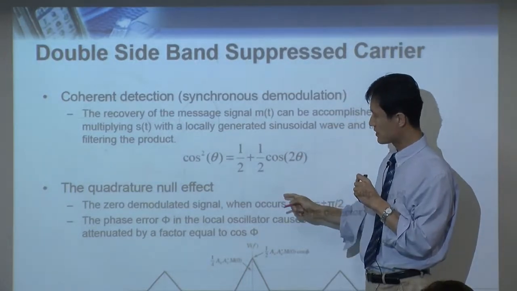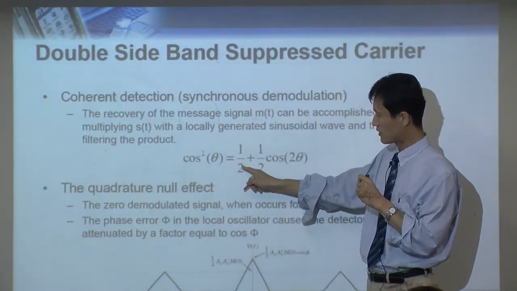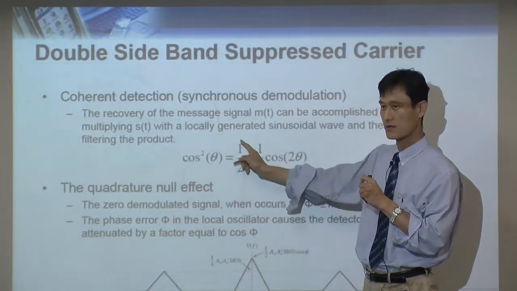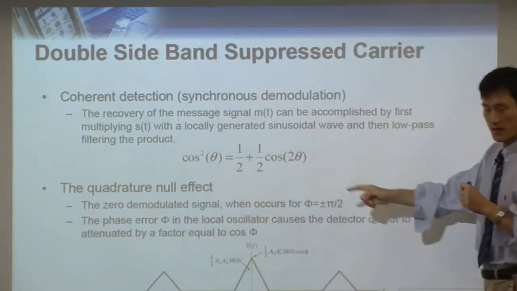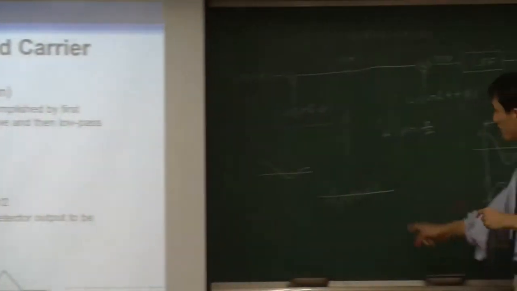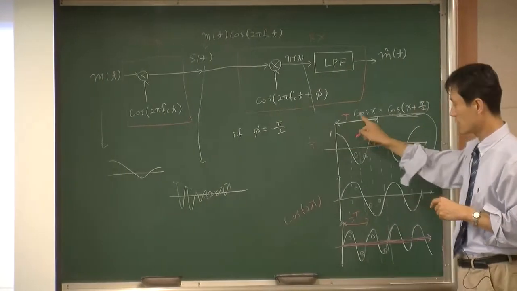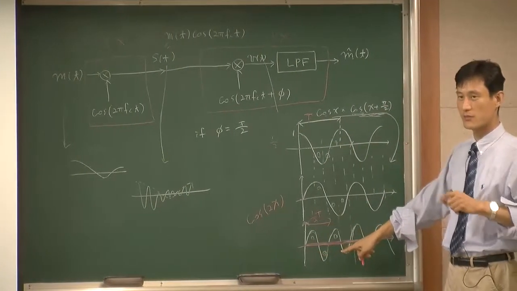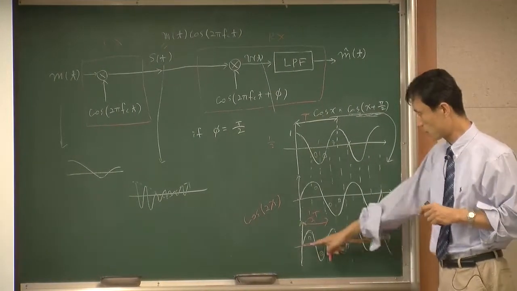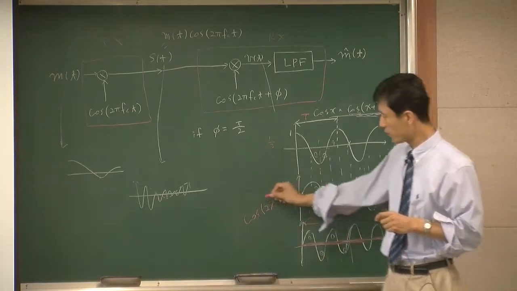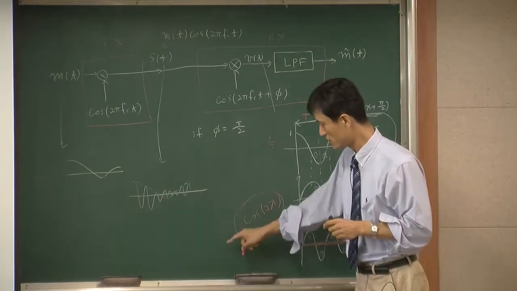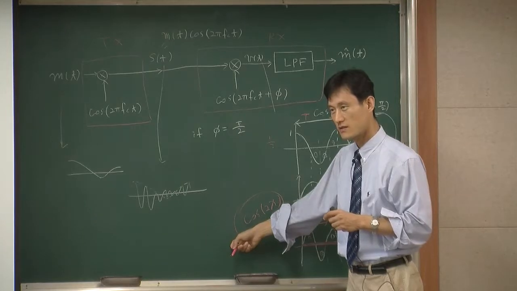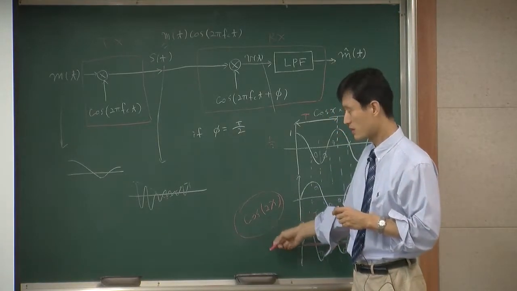When the phase mismatch was 0, remember that we had a DC component at that time. But now, when you have a phase mismatch of 90 degrees, you don't have any DC component. The mean value is already 0. So you have only this component. There's no DC. You only have this component.